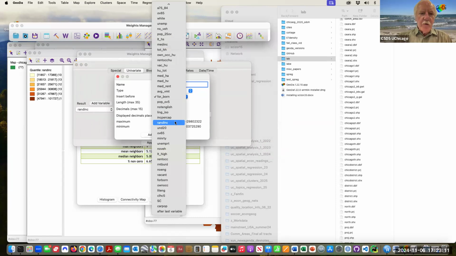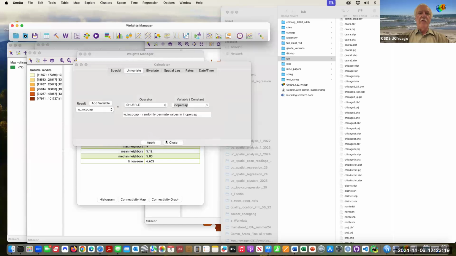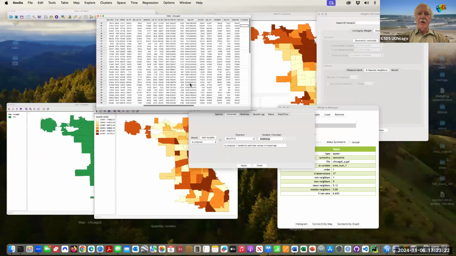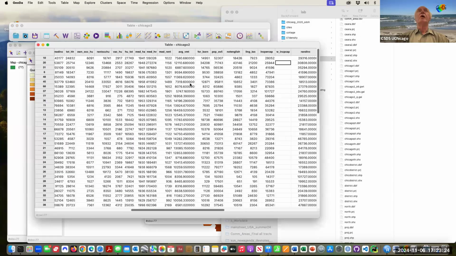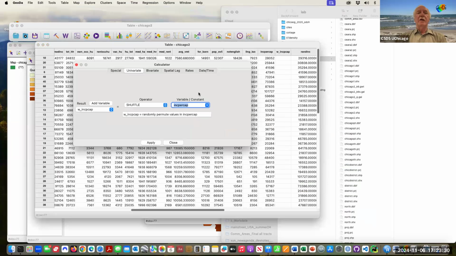Here it is. I'm going to put it here between random income and the original income per capita. So we'll have our table with another blank column. Okay. Now we're going to construct that, and as it happens, we have this in the calculator under this tab here called spatial lag.